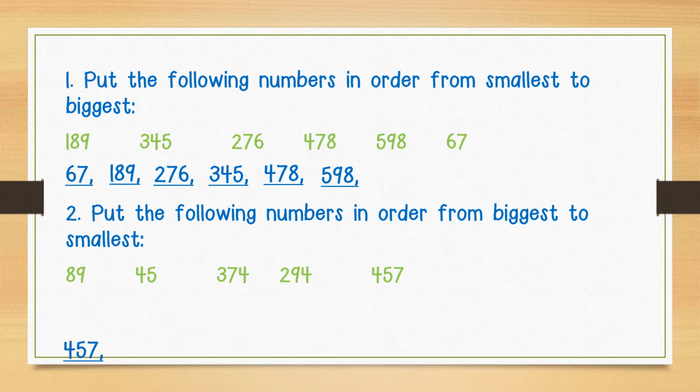Yes, 457. So we're going to start with 457 and now we're going to count backwards and see which numbers are there that we need to fill in. 374, 294, 89, and 45.